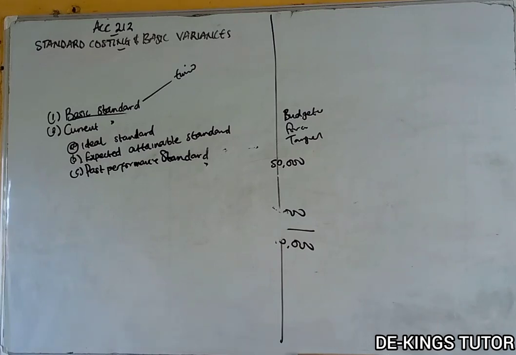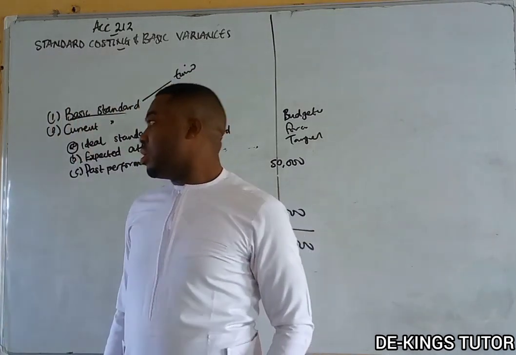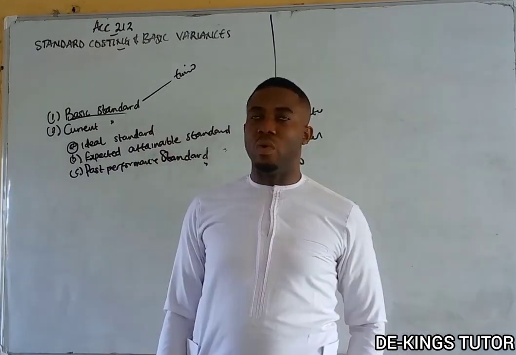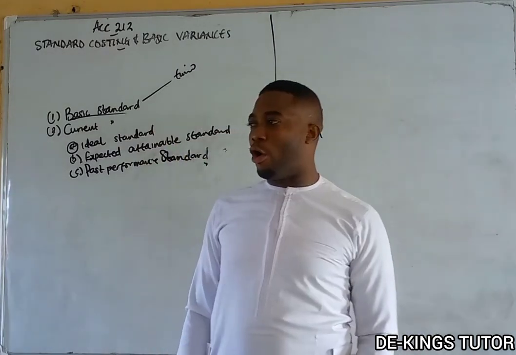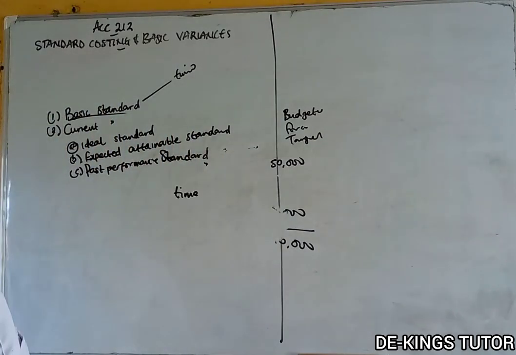The ideal standard are costs that represent perfect performance. They assume 100% efficiency, that there is no idle time or lost time. The second one, expected attainable standard.